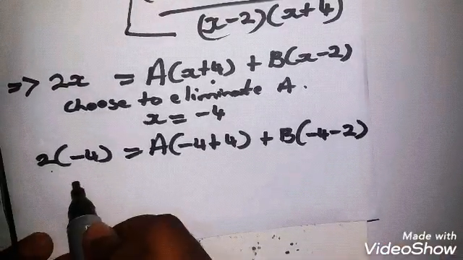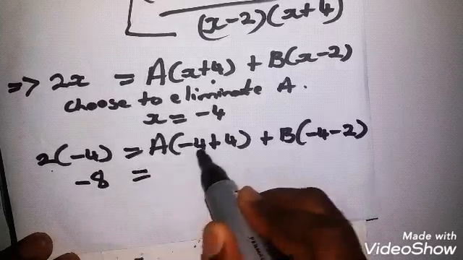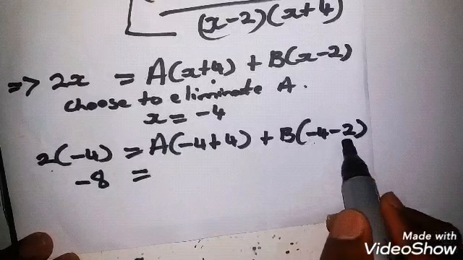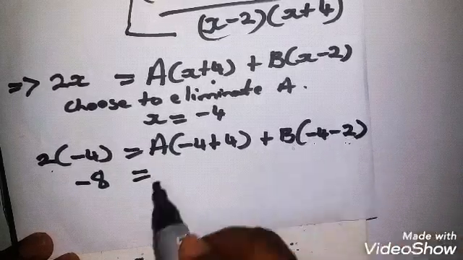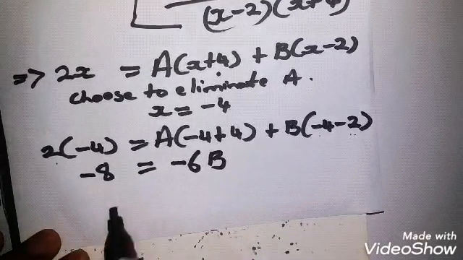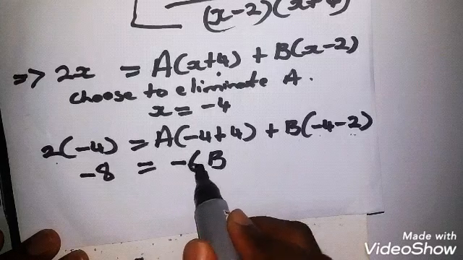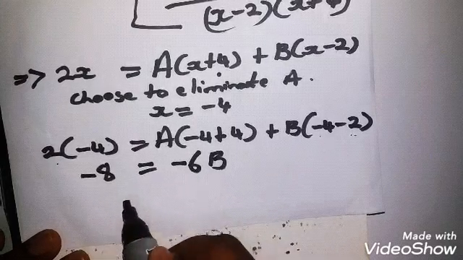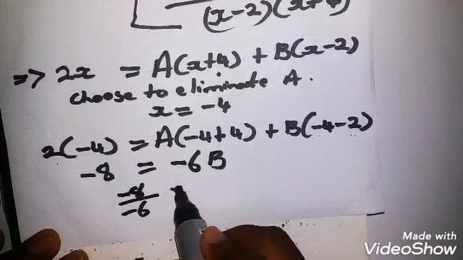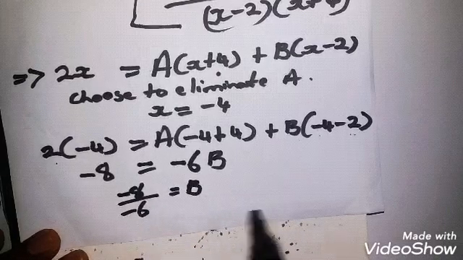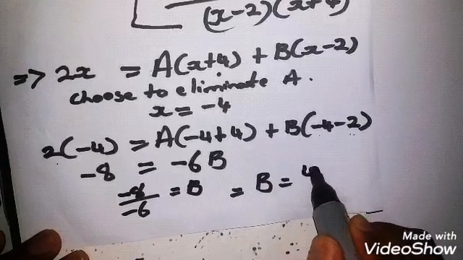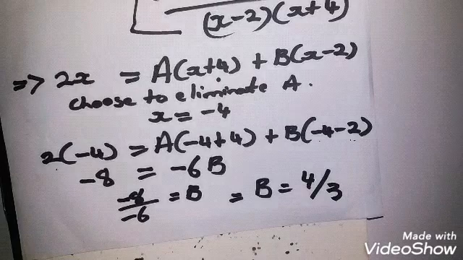So 2 into -4 will give us -8. -4 plus 4 is 0, so this will wipe off A. This -4 minus 2 will be -6, so we have -6B. This will imply, to get B, we'll have to send -6 this way, so that will be -8 on -6 to give us B. Simplifying this fraction, that will give us B equals 4 over 3.